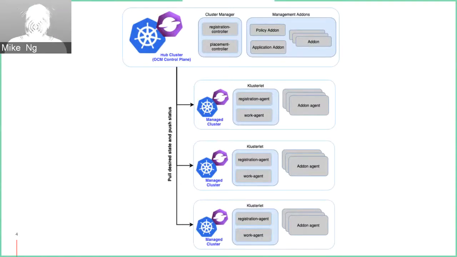It hosts the cluster manager operator, which contains the registration controller, and it communicates with the registration agent on the remote clusters for registration and lifecycle of managed cluster and cluster add-on. The placement controller on the hub cluster is responsible for workload scheduling across multiple managed clusters.